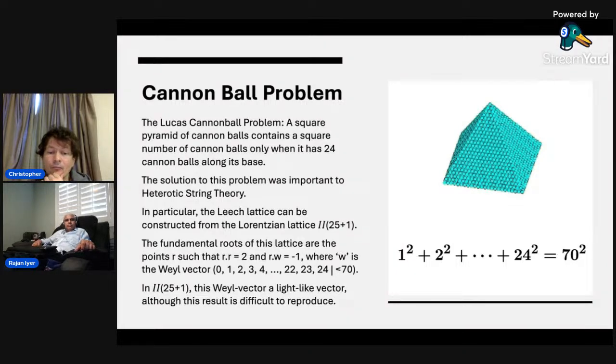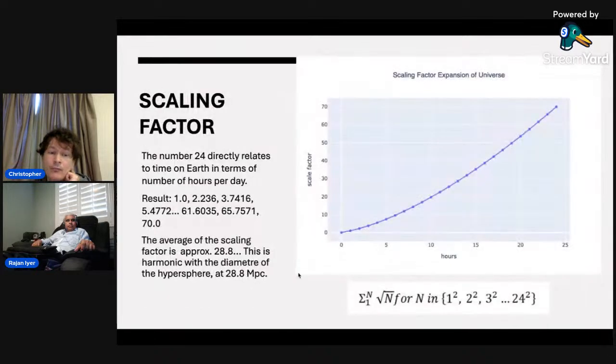But we're not really interested in Weyl vectors and light vectors in that sense, although they could be applied in some way. We're just talking about the link between the number 70 and the number 24. If we have a link between the scaling factor and the number 24, then we can say the amount of time it took the universe to expand to 70 times its size was 24.